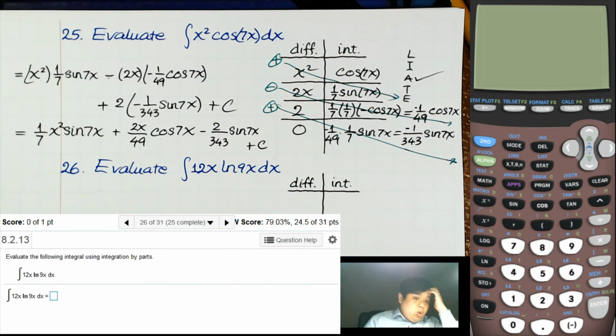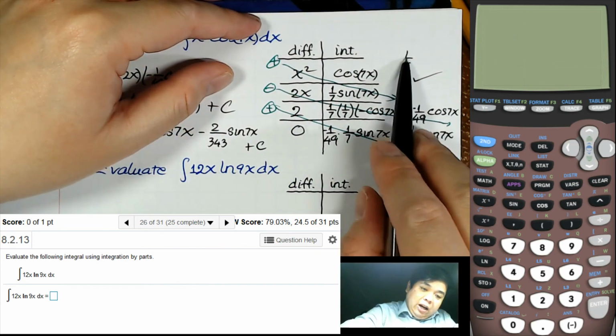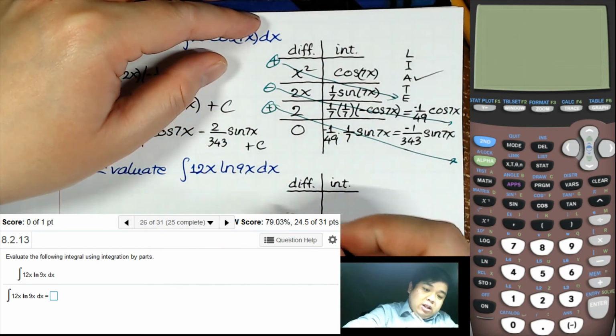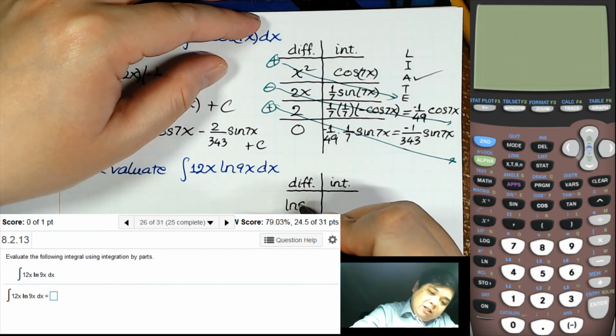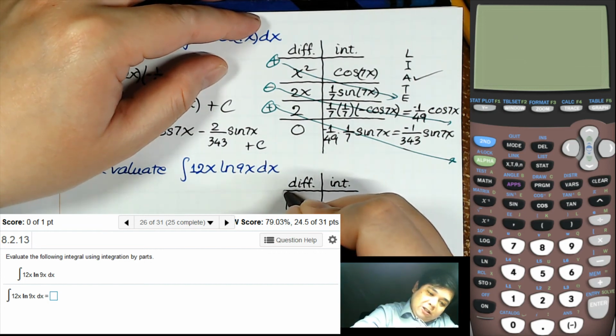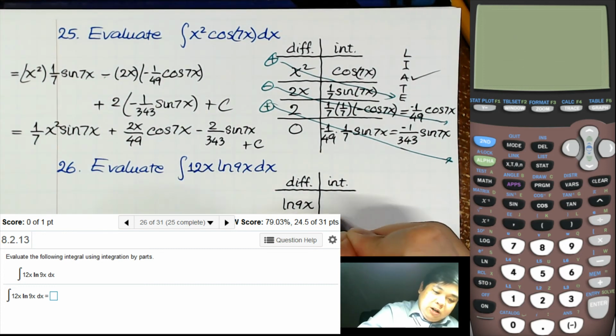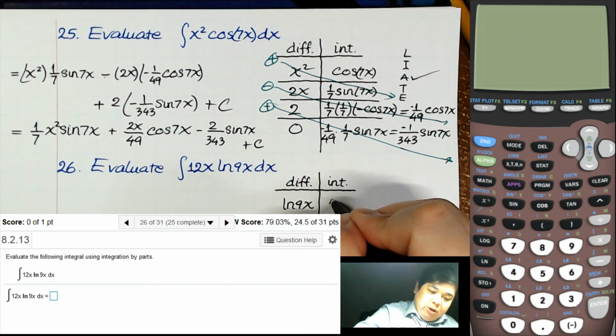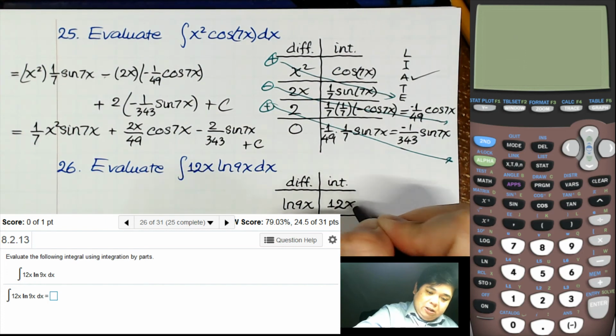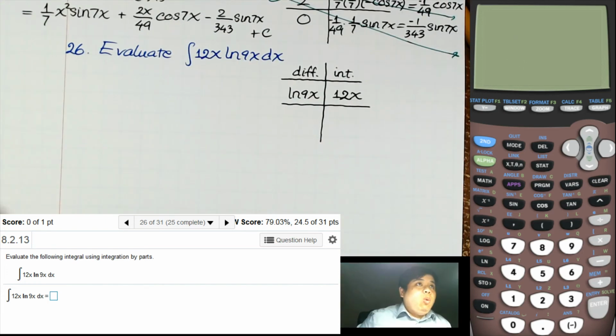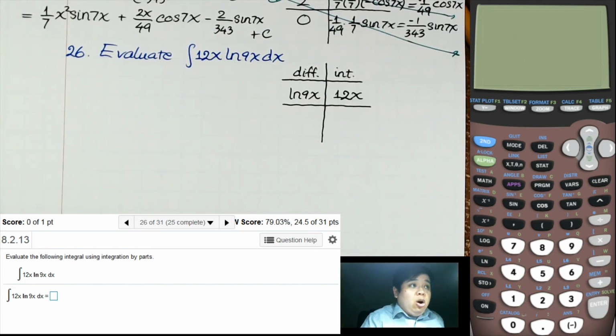On that checklist, the first thing we have is ln of 9x, and the other one is of course 12x. One to be differentiated, the other to be integrated.